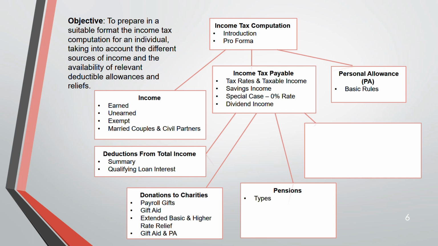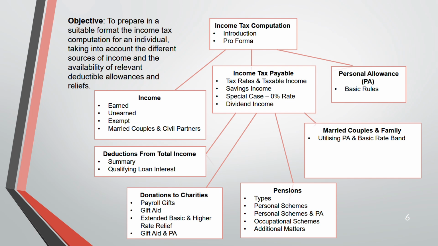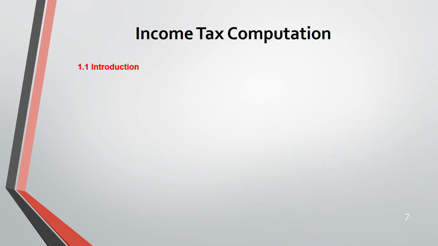Pension, the types, personal schemes, occupational schemes and additional matters. Then we have married couples utilizing their personal allowance, marriage allowance, tax-free investment, gifts to charity, and the high income child benefit charge. So let us start with this.